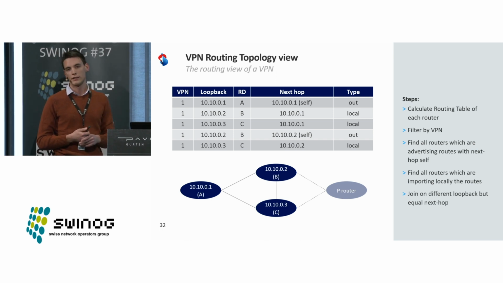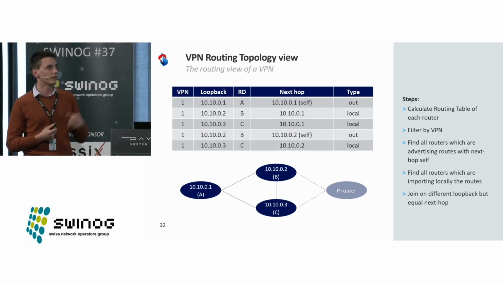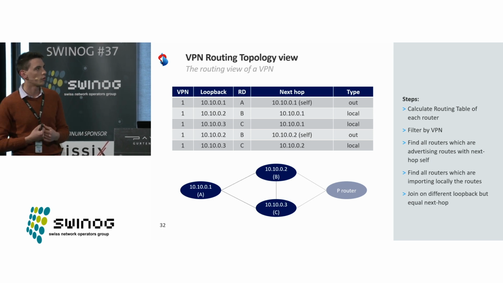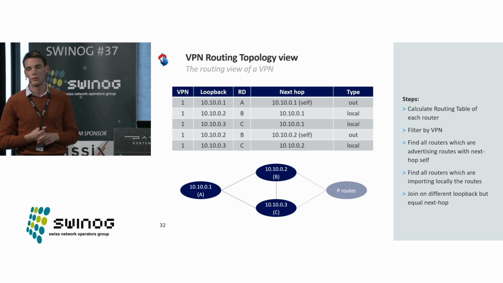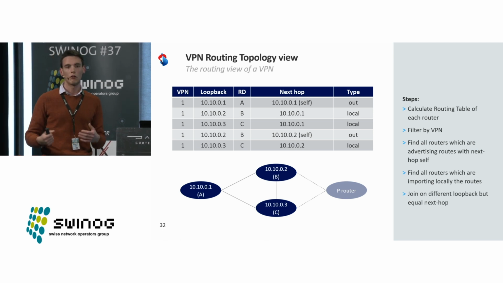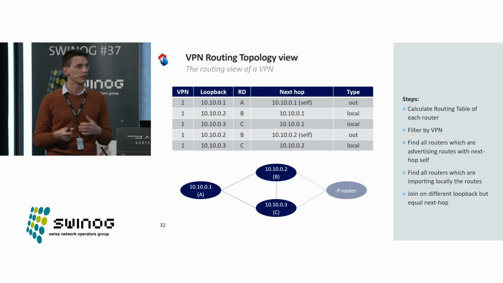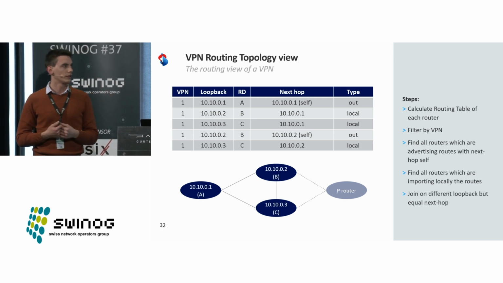If it's local, it's in the local RIB. And so we basically need to generate from these two subtables, one where we say that the next hop is self, so we are sending out information, and indeed the type needs to be out. So we know that we are sending some information of which we have some routing knowledge. And this is one of the two tables.